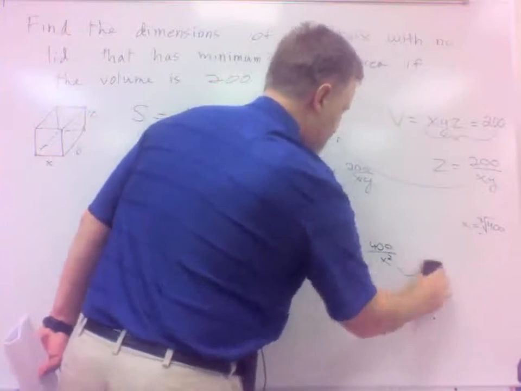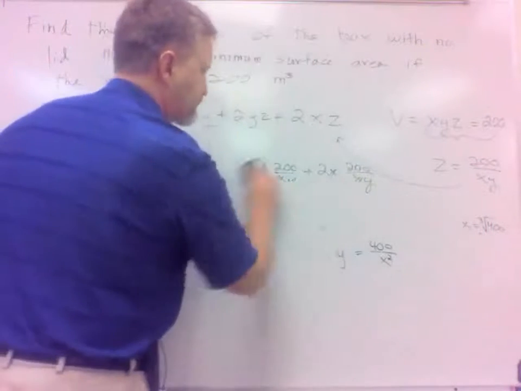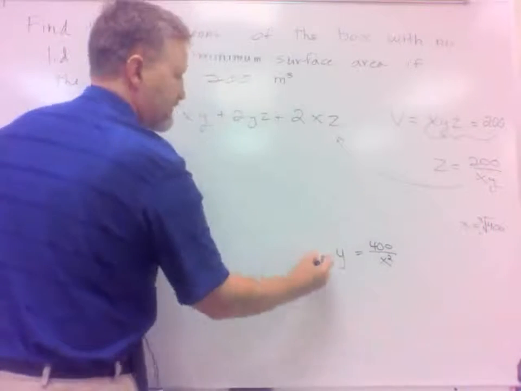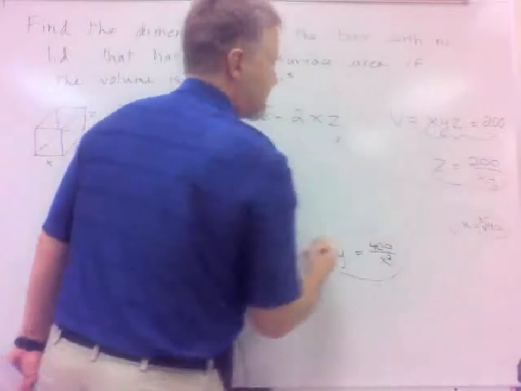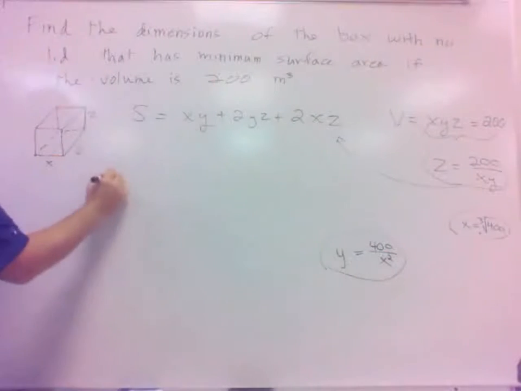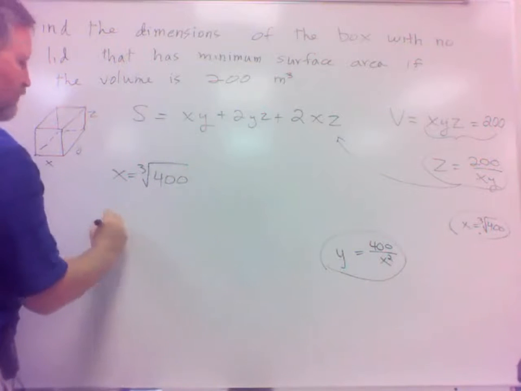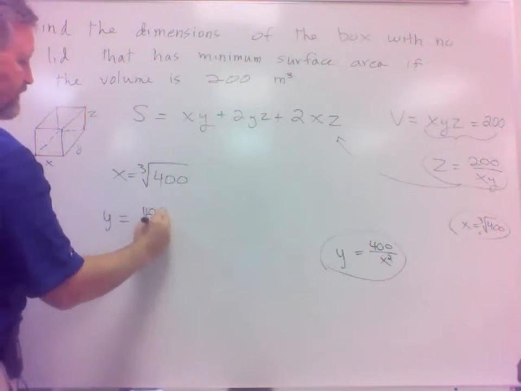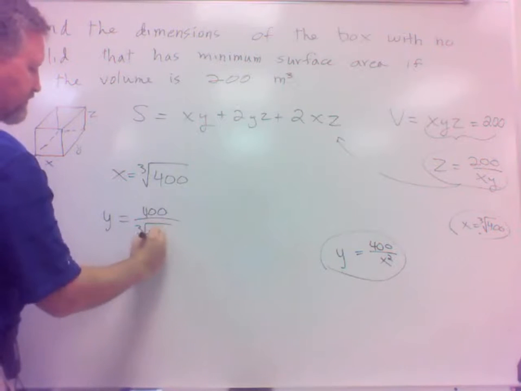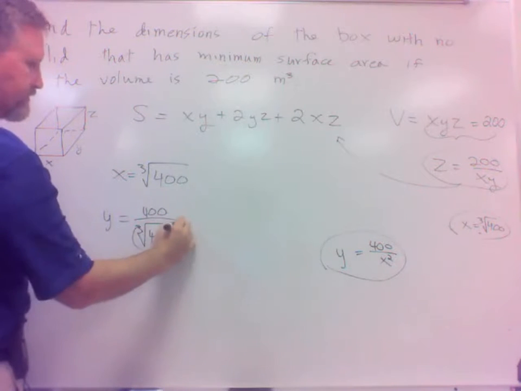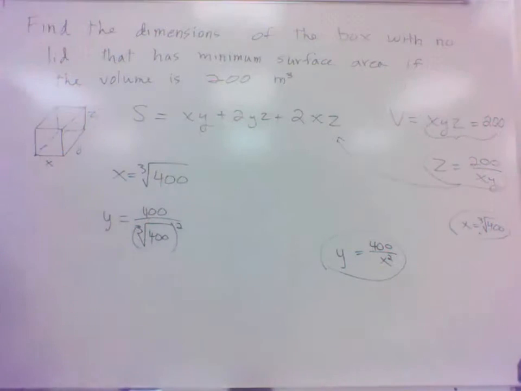So we got x equals the cube root of 400. Y then would be 400 divided by x squared, so it'd be 400 over the cube root of 400, squared.